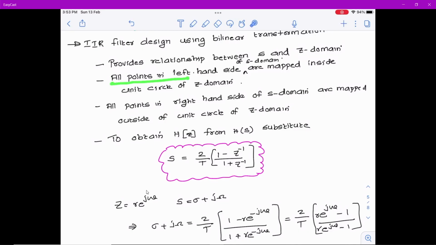All points in the left hand side of the s domain are mapped inside the unit circle of the z domain, and all points in the right hand side of the s domain are mapped outside of the unit circle of the z domain. And what you substitute for H of s is s equal to 2 by t, 1 minus z raised to minus 1 by 1 plus z raised to minus 1.